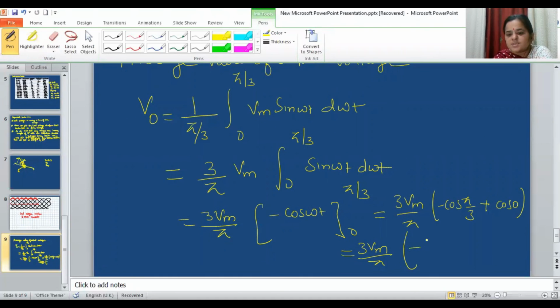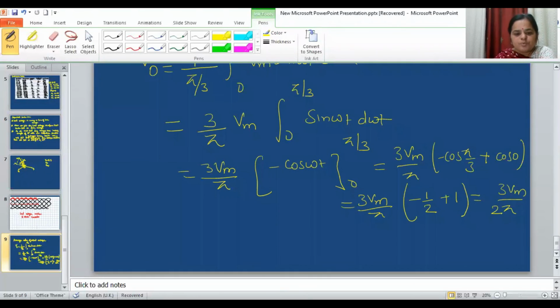Cos 60 is 1 by 2. Then cos 0 is 1. So 3 Vm upon pi, and that is 1 minus 1 by 2. So 3 Vm upon 2 pi. So the load output voltage average value is 3 Vm upon 2 pi.